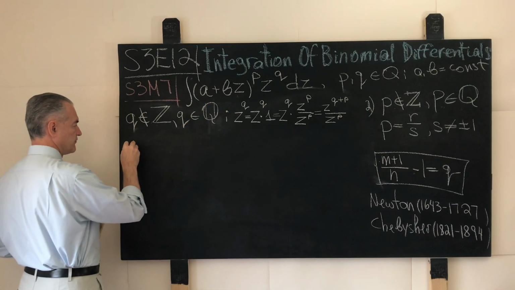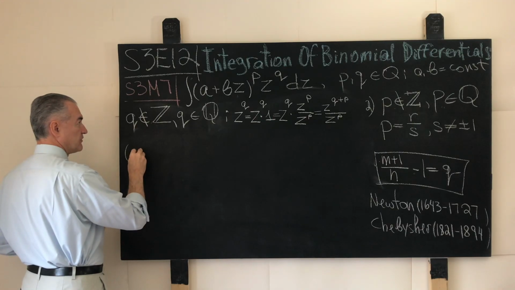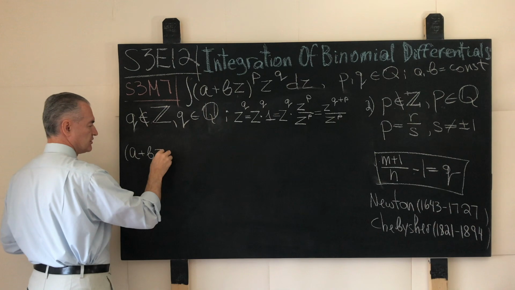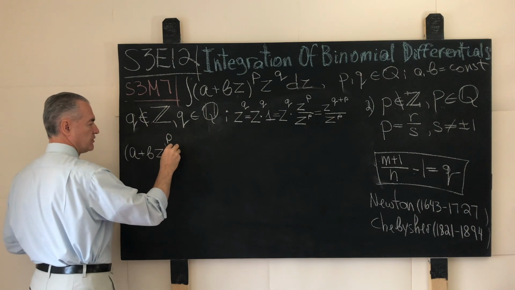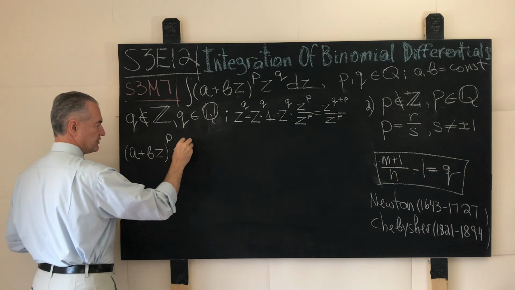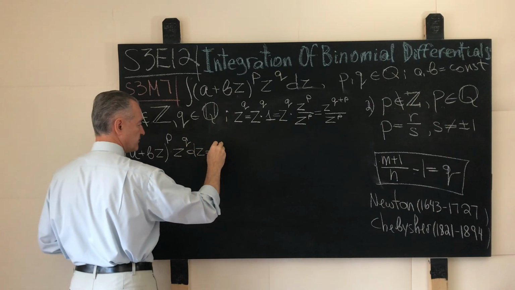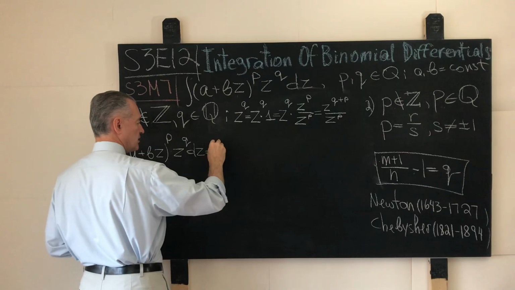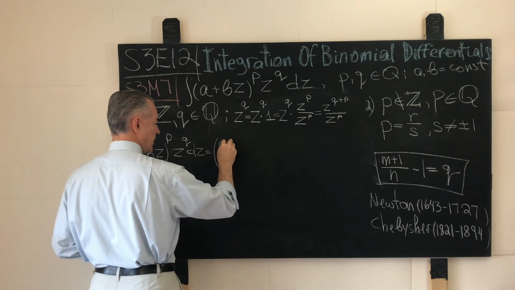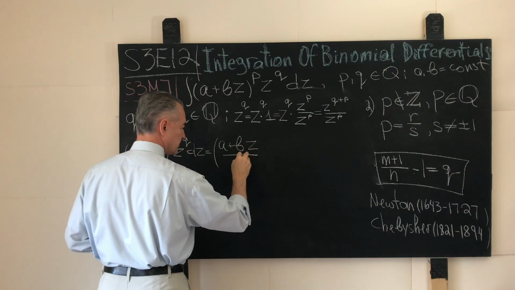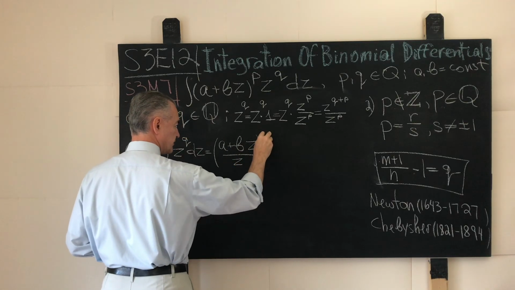Well, our differential will be written as follows: a plus b times z raised to the power of p times z raised to the power of q dz will be, again, let's write it here this way: a plus b times z divided by z raised to the power of p.